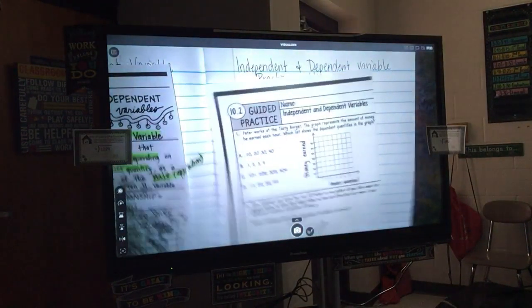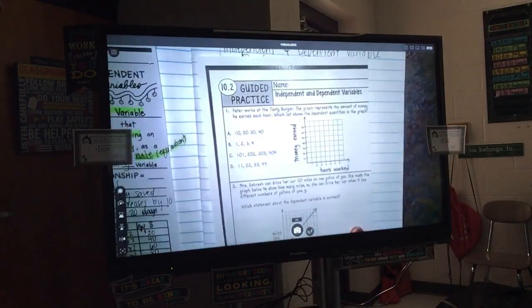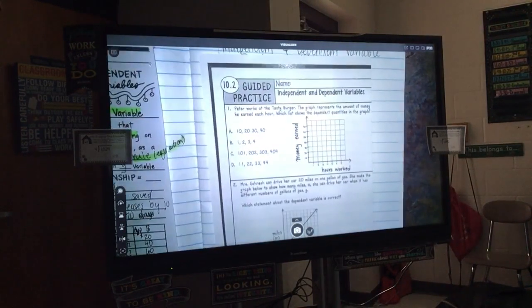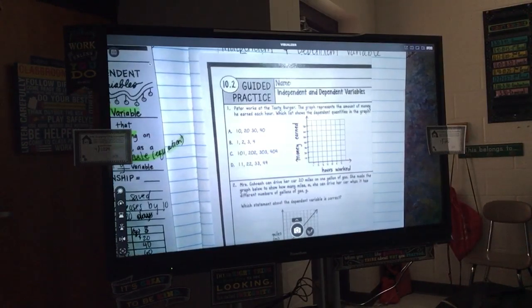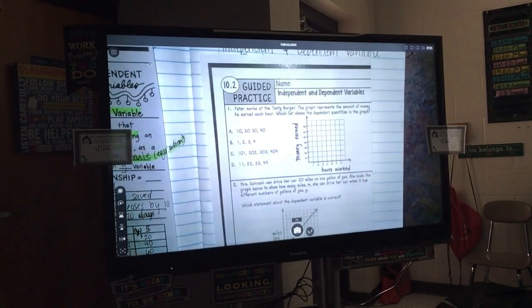Looking at question number 1. It says Peter works at the Tasty Burger. The graph represents the amount of money he earns each hour. Which list shows the dependent quantities in the graph?